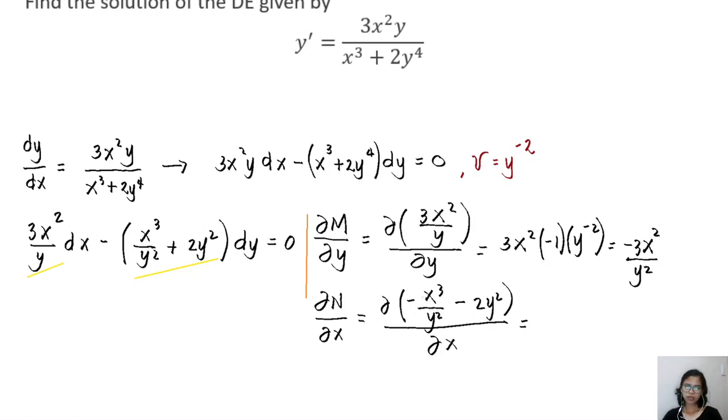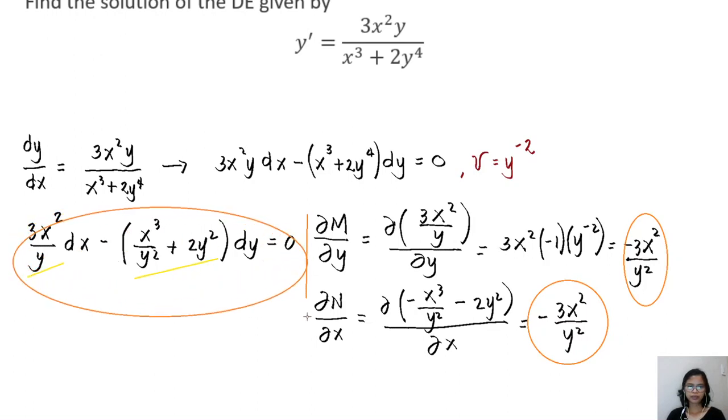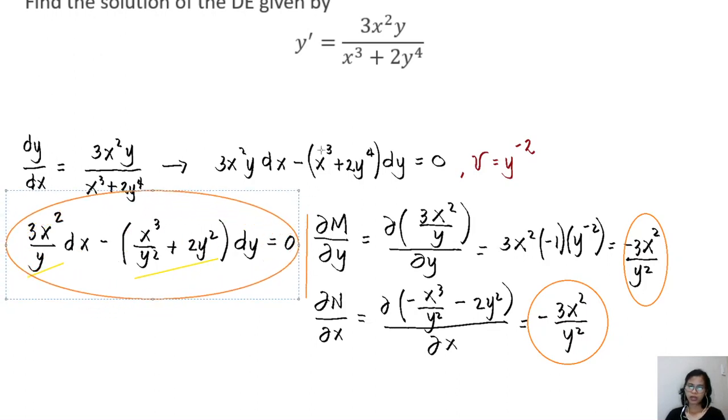So the derivative of negative x cubed over y squared would be negative 3x squared, power rule, all over y squared. And the derivative of negative 2y squared, since y is considered constant, would be 0. So as you can observe, our new partial derivatives are now equal. So therefore, this is already an exact differential equation.